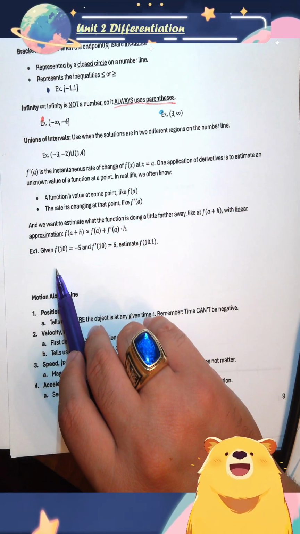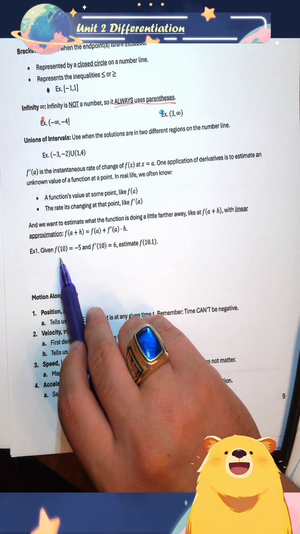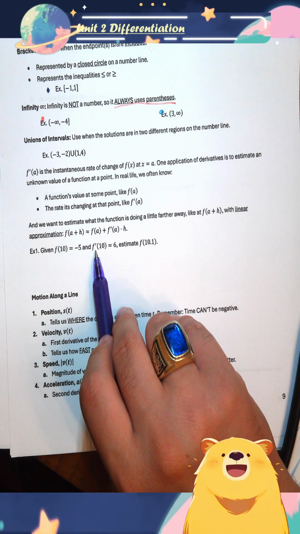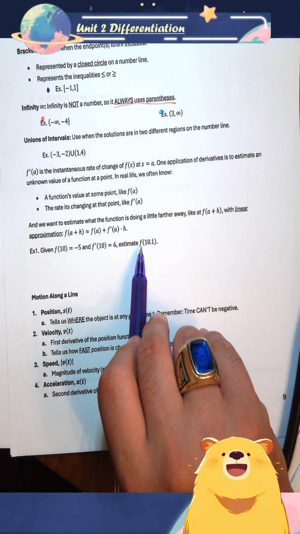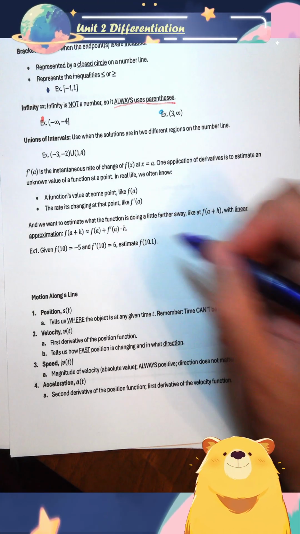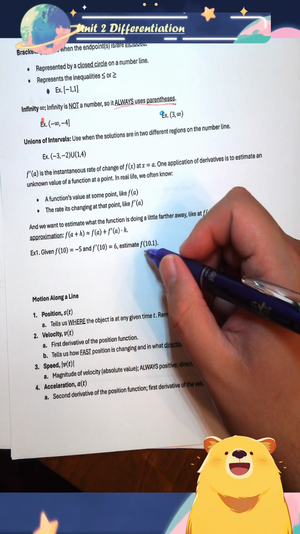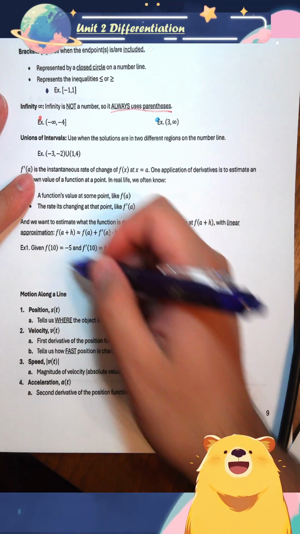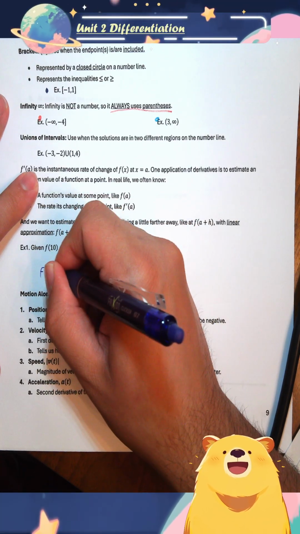Let's do a plain example of this though. Given that f of 10 is equal to -5, and f prime of 10 is 6, estimate f of 10.1. So, we can technically start off with this expression.